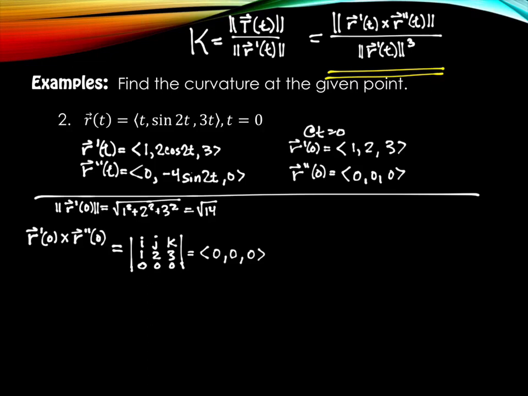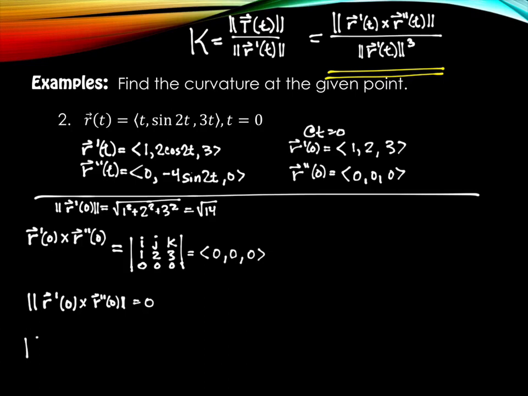Now, in particular then, if you're wanting to know what is the magnitude of this 0 vector, you don't really have to compute it, right? It is just going to be 0. And that's the numerator that I'm going to need in a moment for the curvature formula.